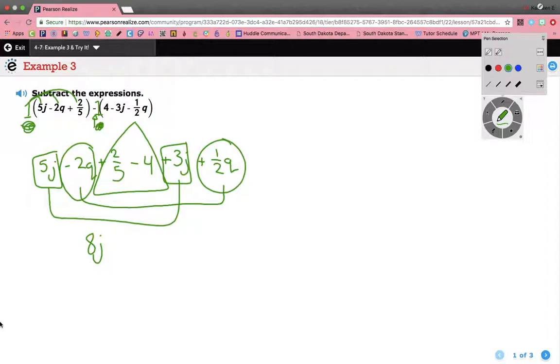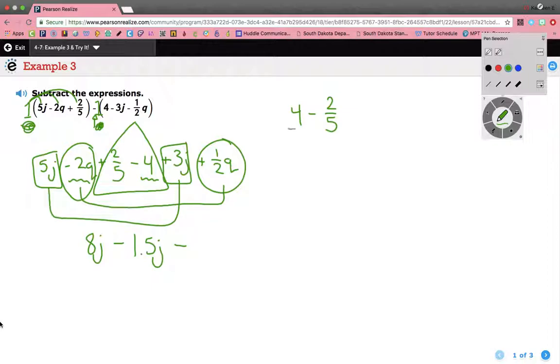My answer is going to be negative because 2 has the greater absolute value and it's negative. And then 2 minus 1/2 is 1.5. Then we have 2/5 minus 4. I know my answer is going to be negative because the 4 has the greatest absolute value and it's negative.